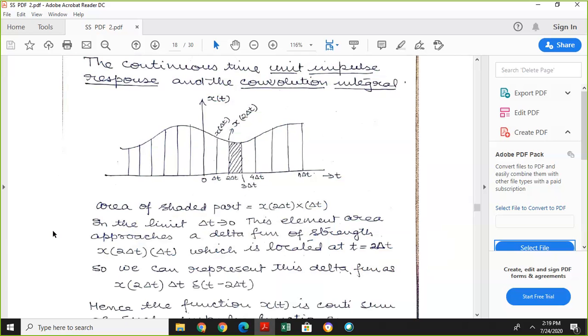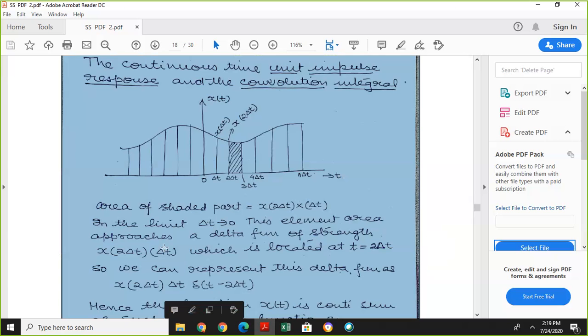In the limit when del t approaches 0, this elemental area approaches a delta function of strength. Strength is given by the area of the shaded part, and this impulse function is located at 2 del t.